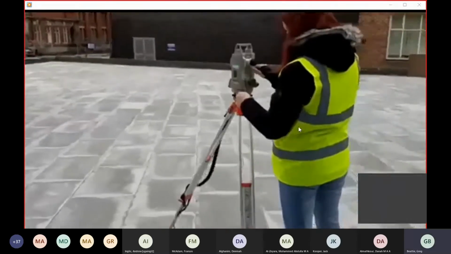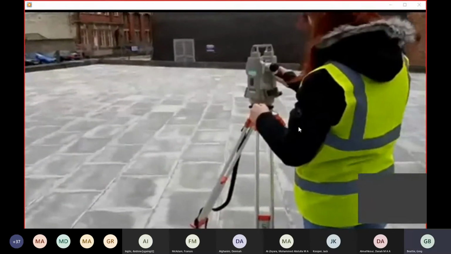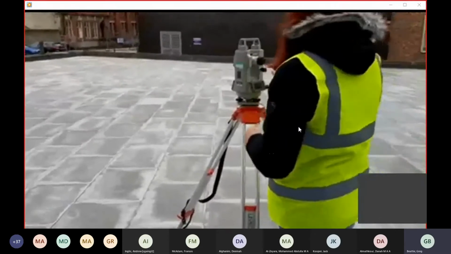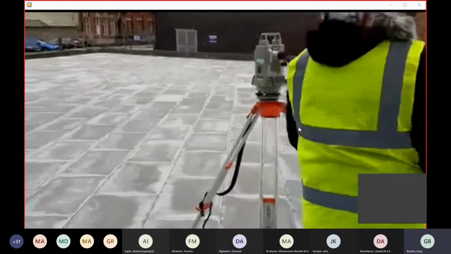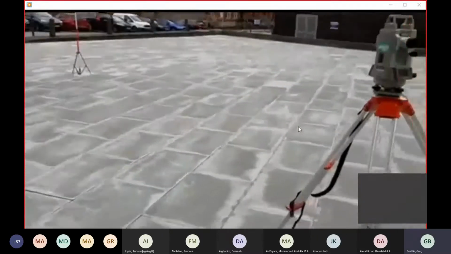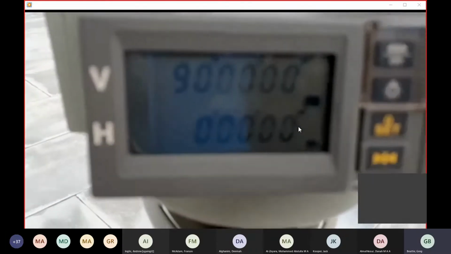The only difference on here, now we've done the right to left readings, because when you're on site, right to left, left to right, it does vary. It is actually always better if you can to do left to right readings.